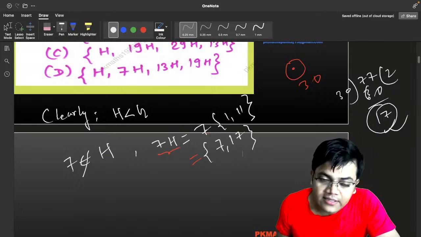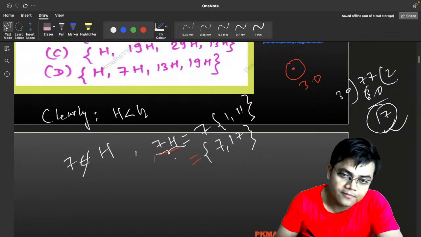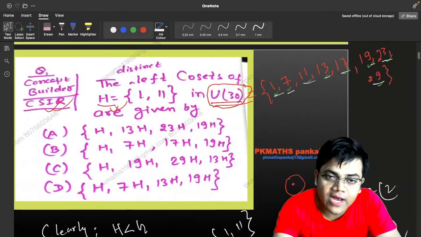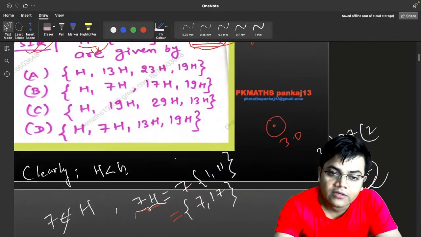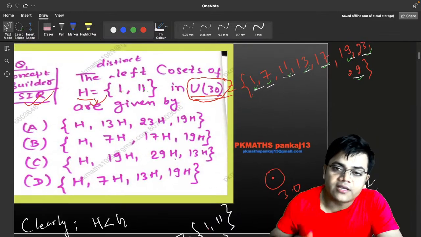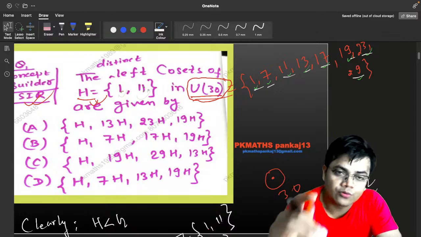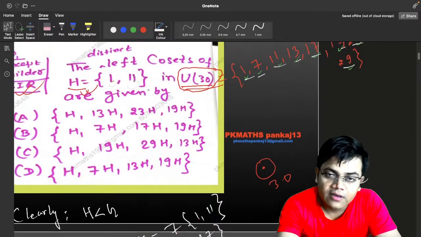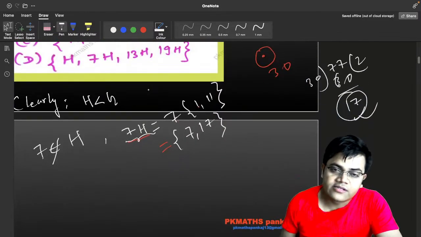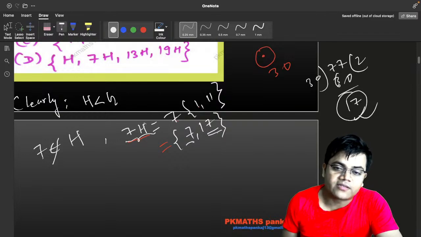You can see that this is how you will write 7H. Is this fine? Is this clear? Because you have to write the left quotients of H in U30. So we have to take the elements other than 1 and 11, and we write the elements like this, 7H. So it will become 7 and 17, these 2 elements.